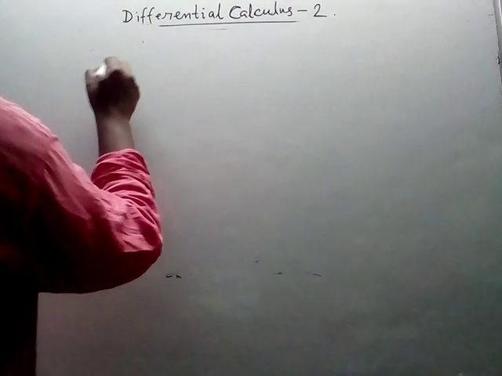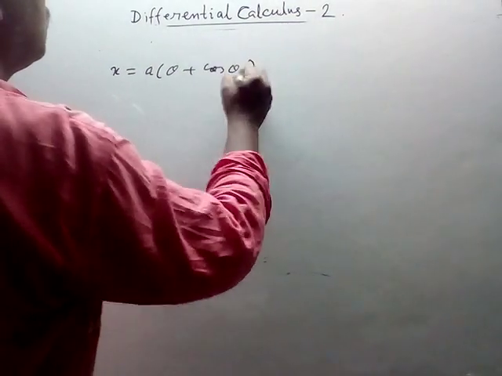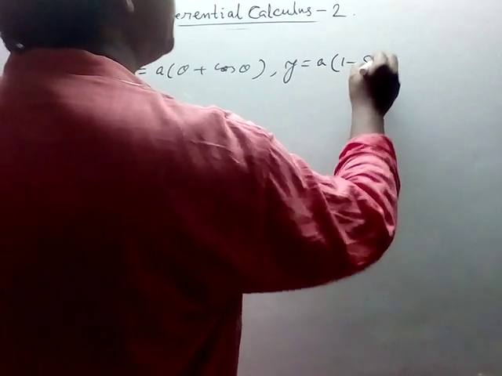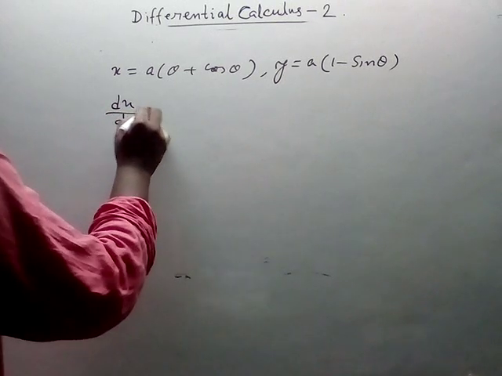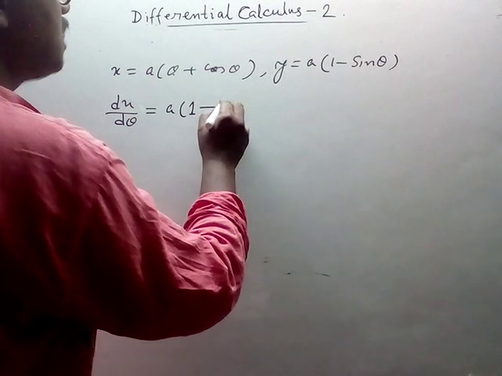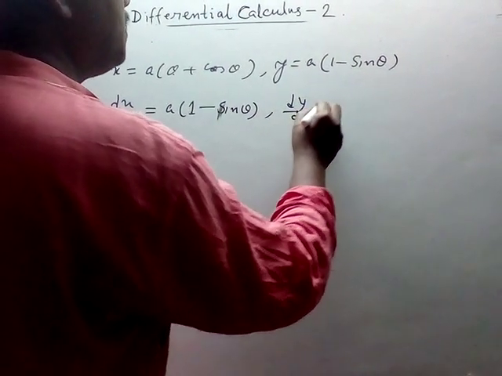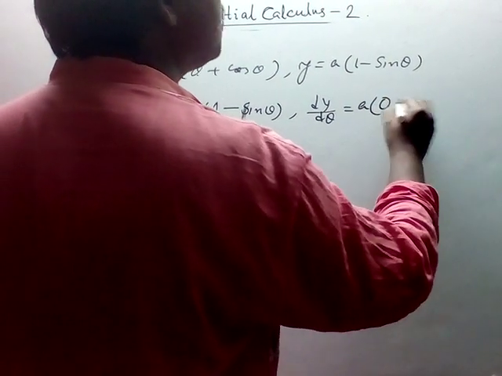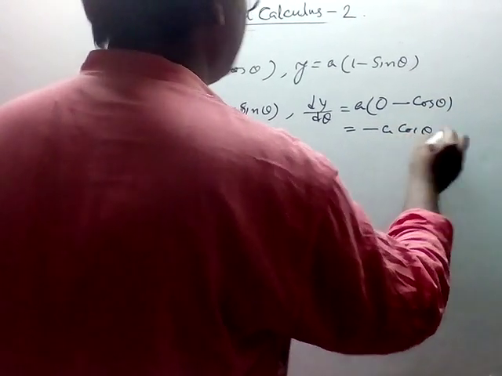Now a simple example: x equals a(theta plus cos theta) and y equals a(1 minus sin theta). Find dy/dx. From here we can find dx/d theta. Theta is the parameter. The derivative of theta is 1, and the derivative of cos theta is minus sin theta. Again dy/d theta: the derivative of 1 is 0 as a constant, and the derivative of sin theta is cos theta, so this means minus a cos theta.